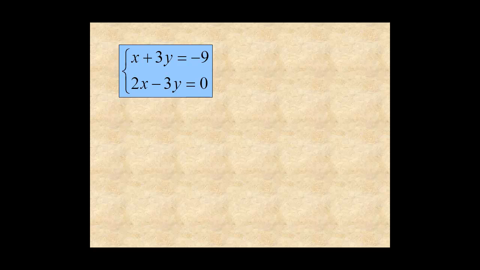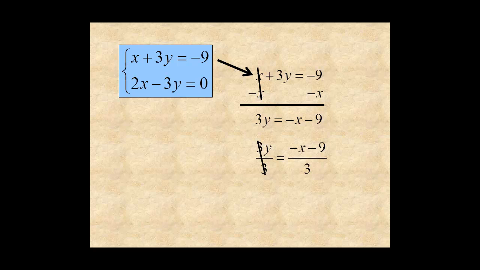Here are the details. Begin by converting both equations to slope-intercept form. For the first equation, subtract x from both sides for 3y = -x - 9. Then divide both sides by 3. -x divided by 3 gives -1/3 x, and -9 divided by 3 gives -3.